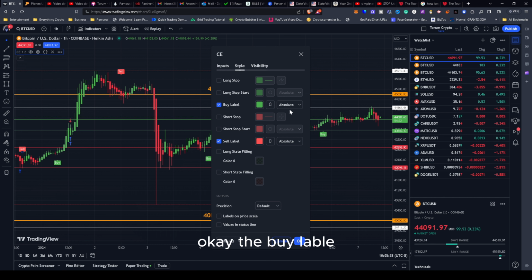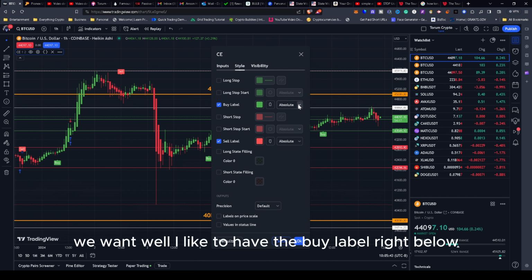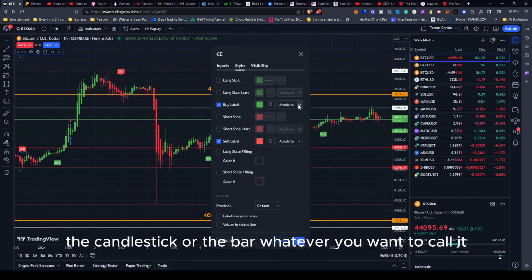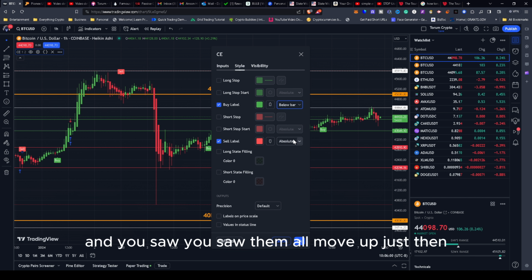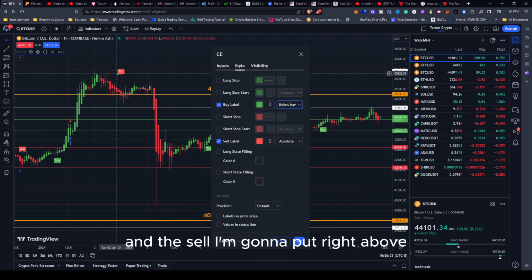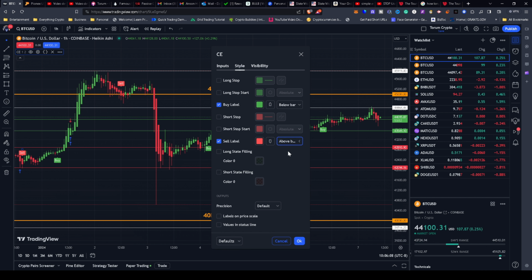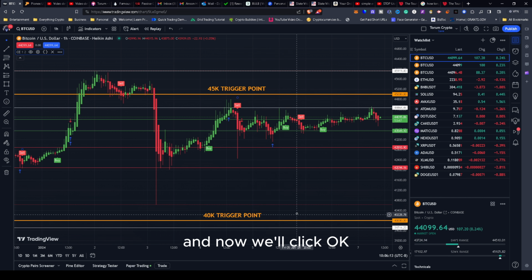The buy label. I like to have the buy label right below the candlestick or the bar, whatever you want to call it. Well, they call it a bar. So I'll put it right below the bar. And you saw them all move up just then. And the sell, I'm going to put right above. And now we'll click OK.